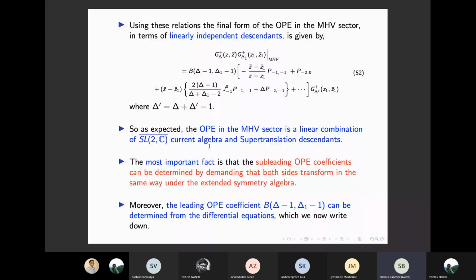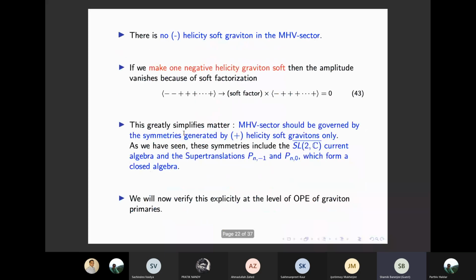So as expected, this is essentially the statement which we made here: the MHV sector, the symmetry algebra in this sector, is essentially the SL2C bar algebra and the super translations.